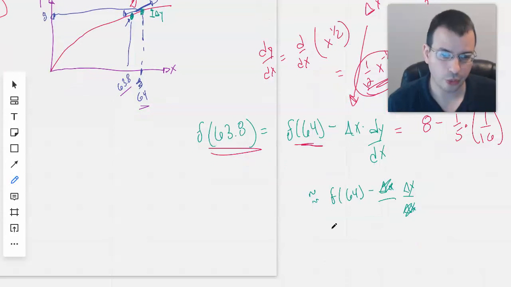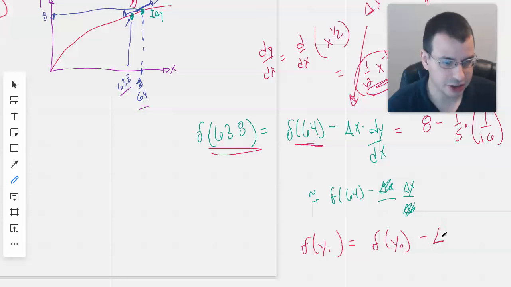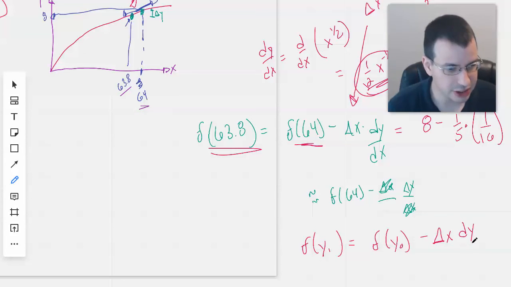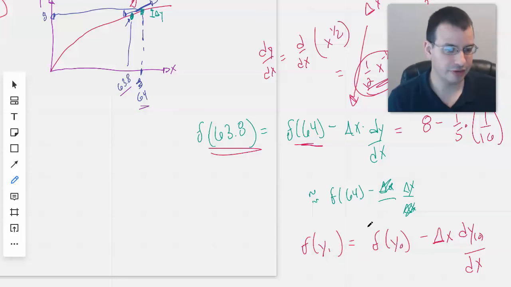So y1 equals y initial minus delta x times dy0 over dx, the derivative at your known point.